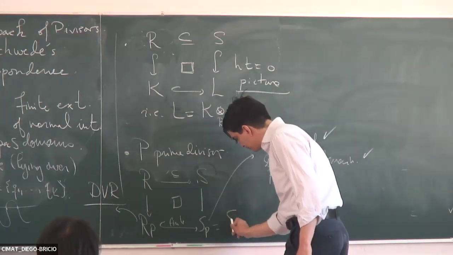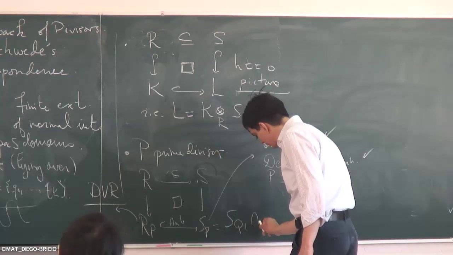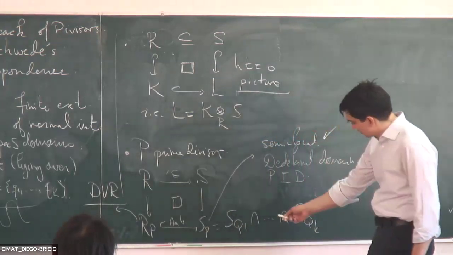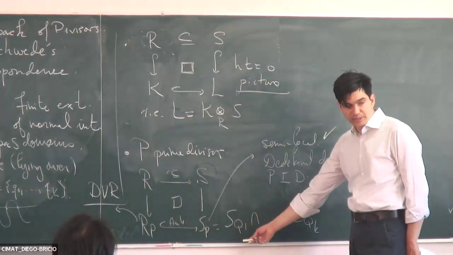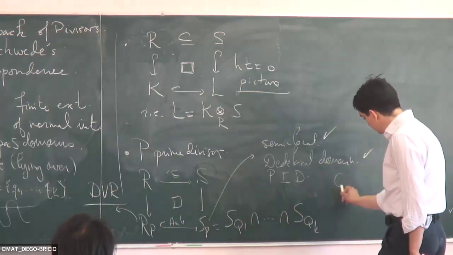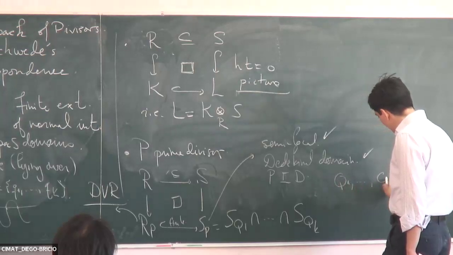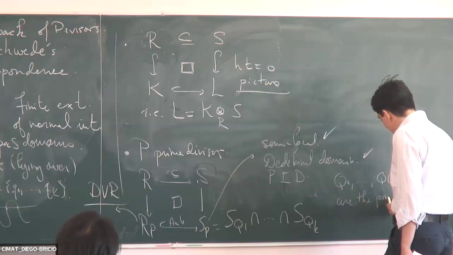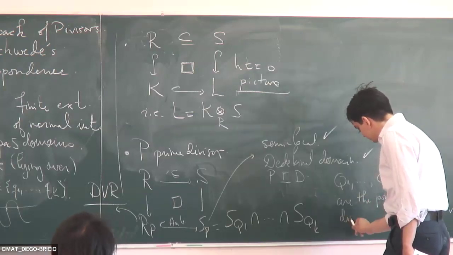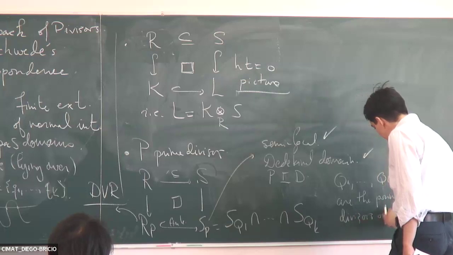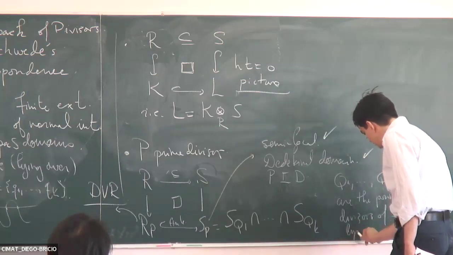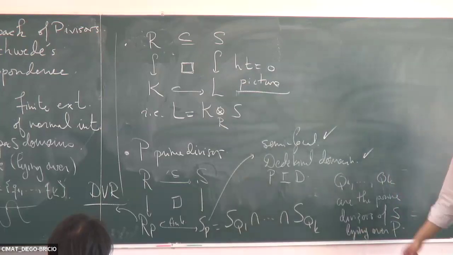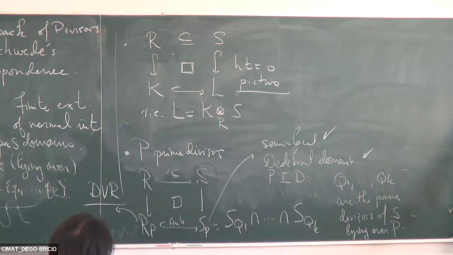In fact, this ring can be written as follows. It's an intersection of the localizations of S at certain prime divisors. Here, the Q_i are the prime divisors of S lying over P. Over P, there will lie finitely many divisors.